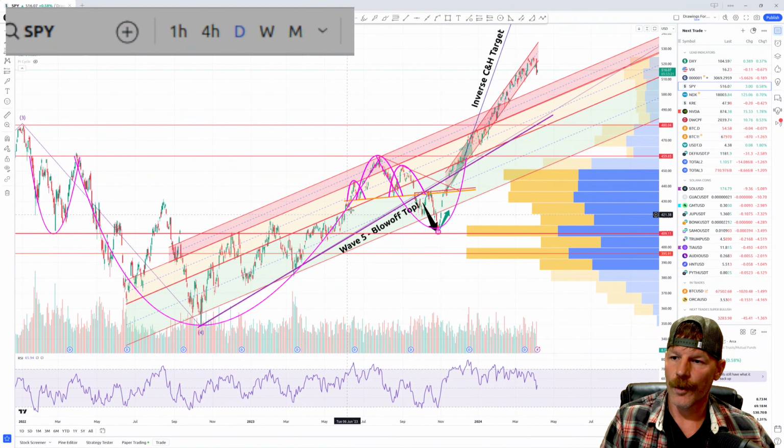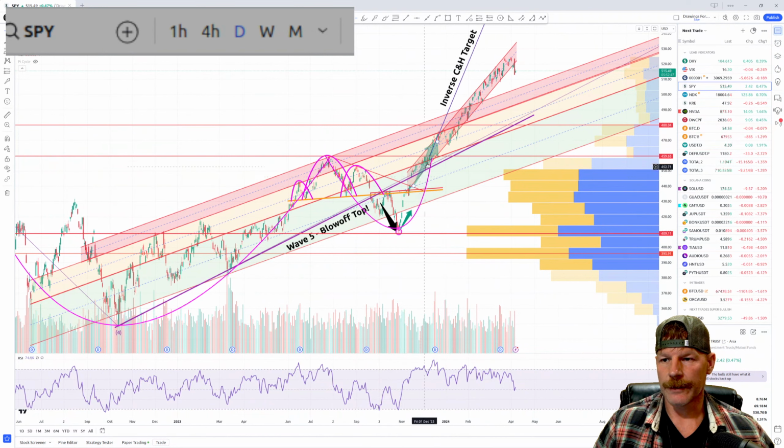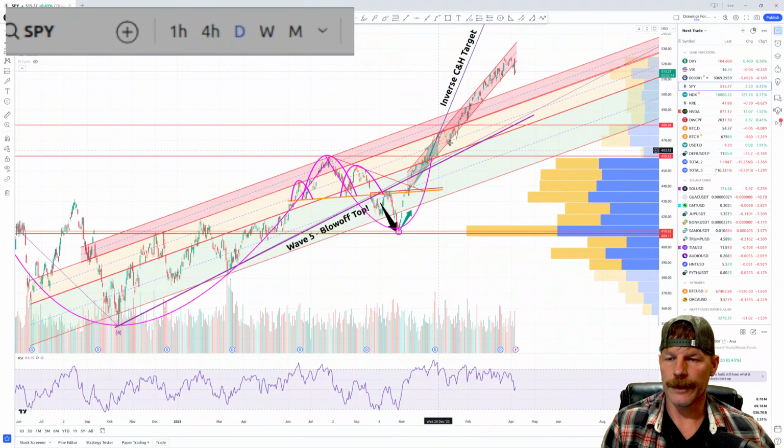But remember, before this was fulfilled, I suspected we would create the inverse right shoulder. How were we going to do that? Well, I spotted this head and shoulders pattern, which broke, and our target down was exactly this support level at around $409, $410. We hit that precisely and proceeded upwards, and really the bulls have not taken a break since hitting this in October of 2023. All right. Created this channel, which is a bearish channel, but we continue to ascend.